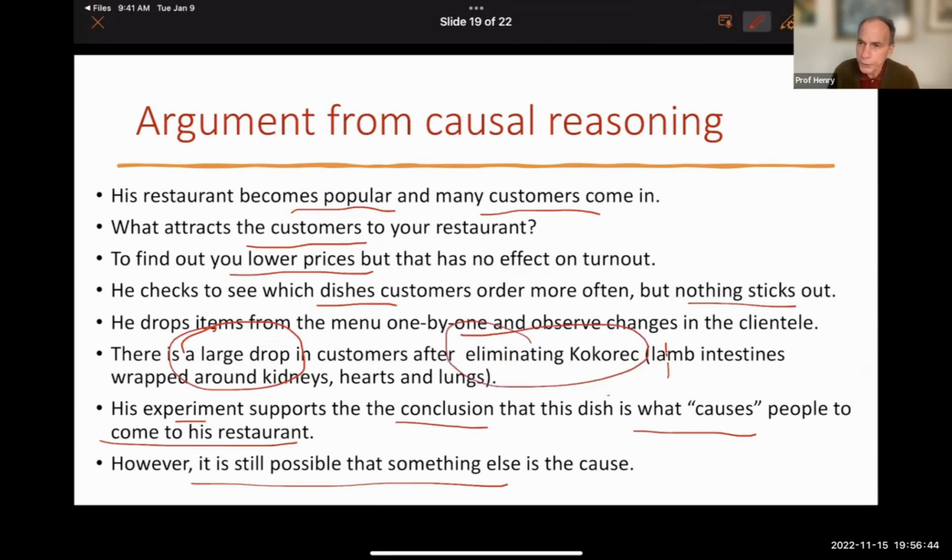You're doing a correlation, okay? But how strong is this correlation? Something else could be going on. It could have rained every day for the past week, okay? Or people went away on vacation, right? So is this causal reasoning legitimate, or is it still possible? You have to question, is it still possible that something else is going on? Okay.